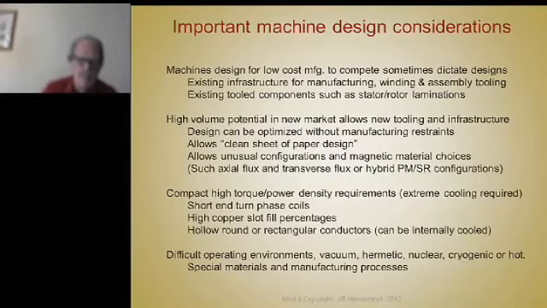You can even break part of the tooling by trying to put short, tight coils in that just barely fit over the teeth. But if you're in a market where the volume's high enough, then you can make new tooling and change the infrastructure and the whole manufacturing process to allow you to have important improvements in efficiency, high slot fills, and good materials.